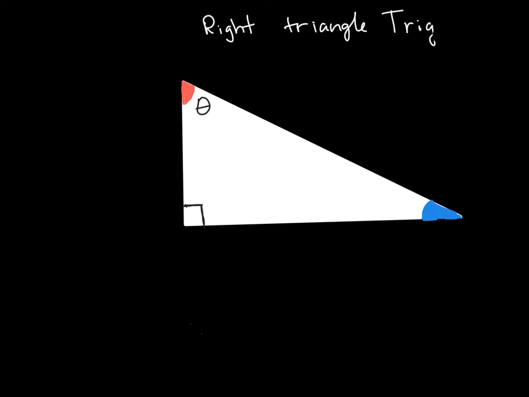Now, when you're looking at your major trig functions, there is one really popular way of helping us remember it, and it's pronounced Sohcahtoa. What that means is that the sine of any angle is equal to the opposite over the hypotenuse.